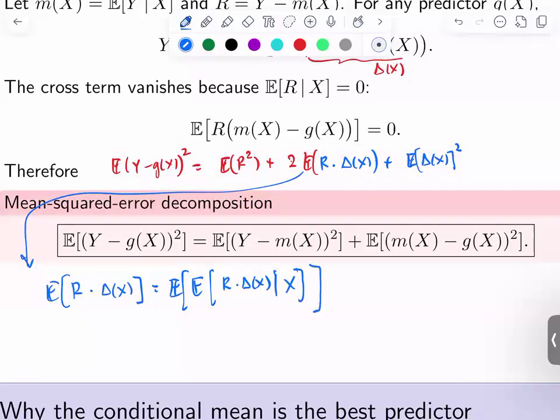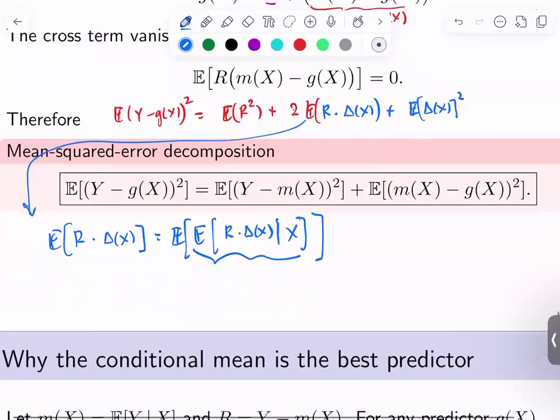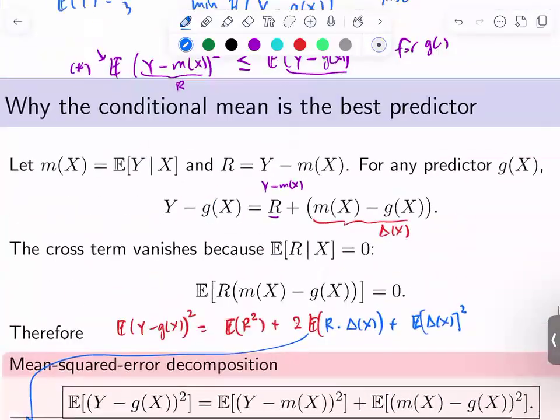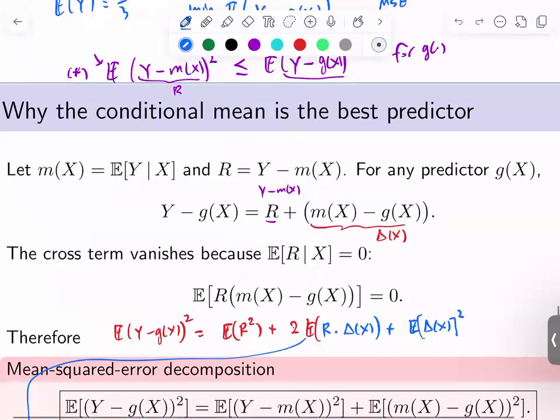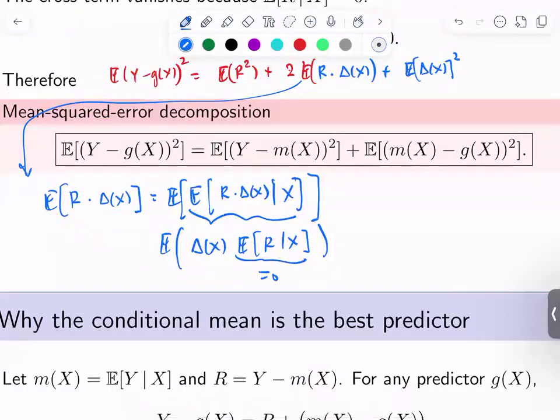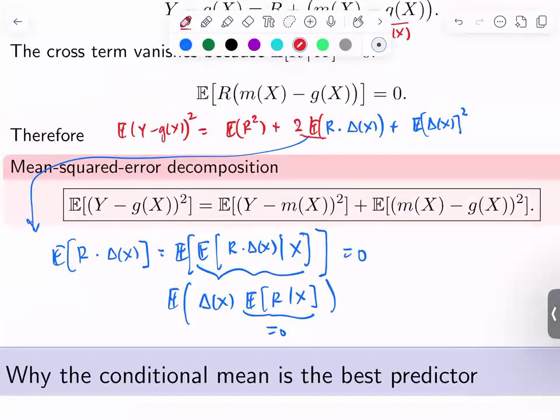In this inner conditioning, delta x comes out because delta x is a function of x only, so you get the expectation of r given x, and then another expectation outside. We have seen before, a couple of slides back, that the expectation of this particular residual given x is 0. So this whole thing has to be 0, and the cross term goes away.